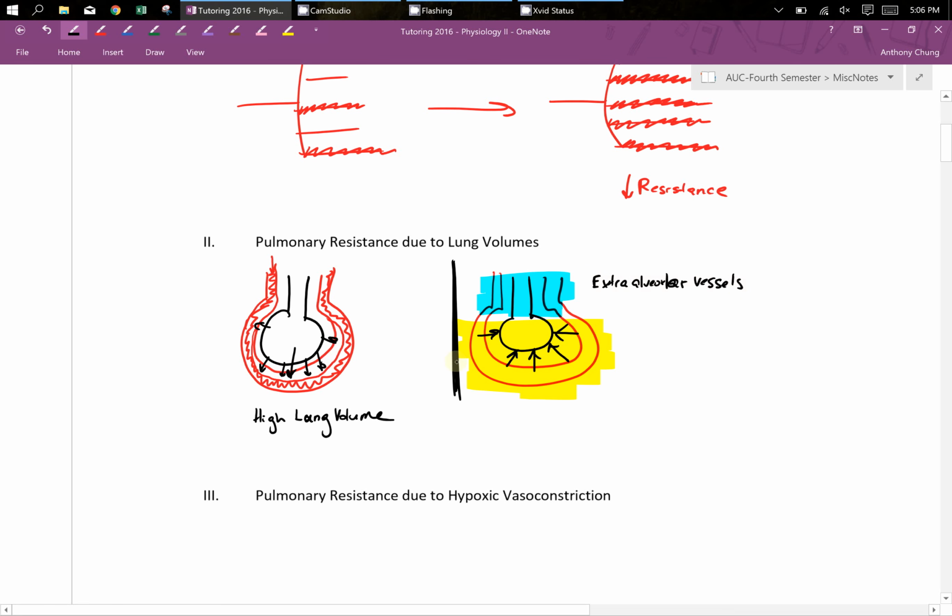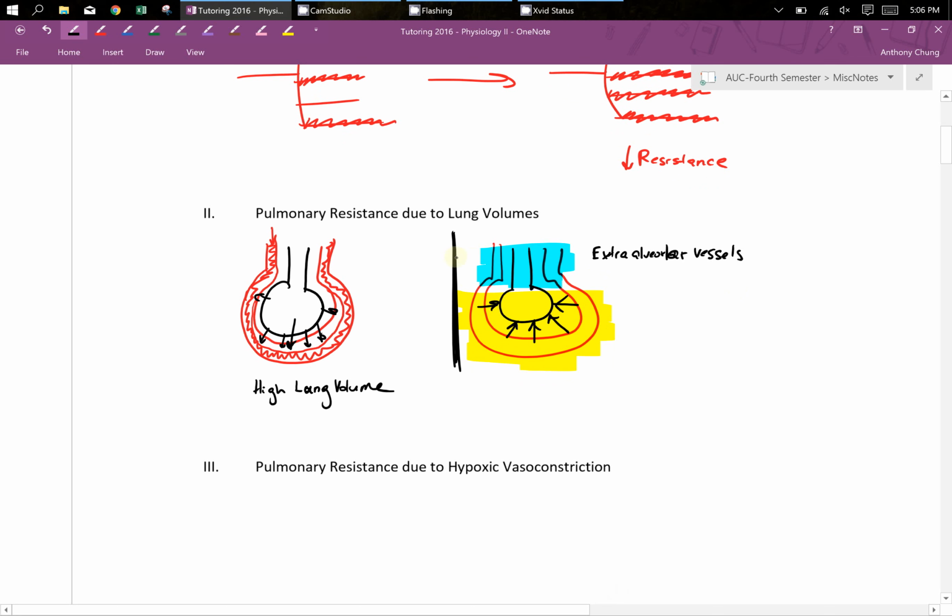So let's imagine that this is the chest wall. And there's a little spring here that is kind of attached to your vasculature. Let's say that's the normal situation.